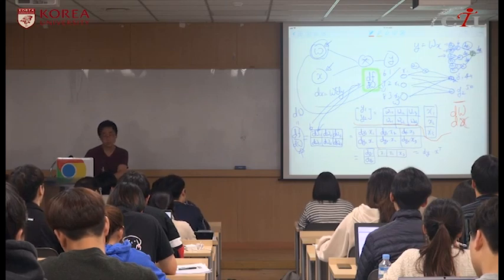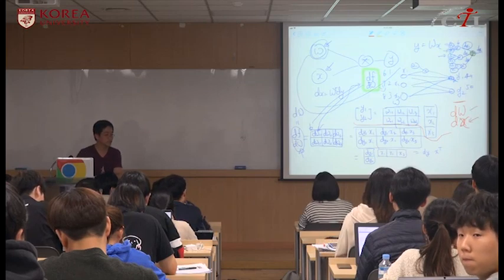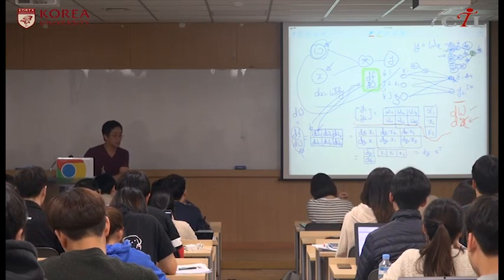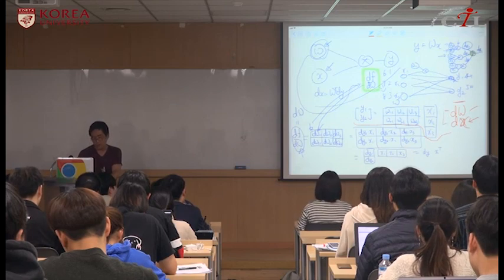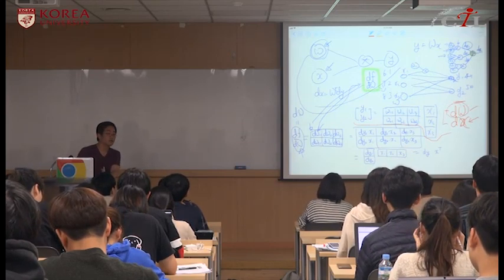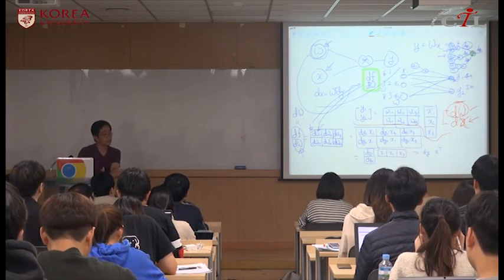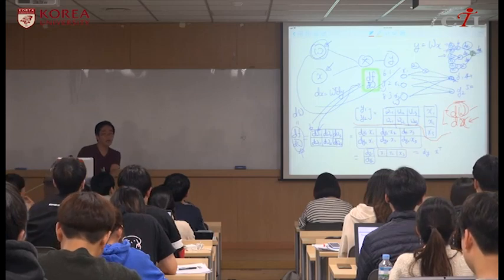Here X is the matrix version, or small x is just the vector version. But why do we need to compute both of them? So in the case of dW, once we obtain it, how do we use it?